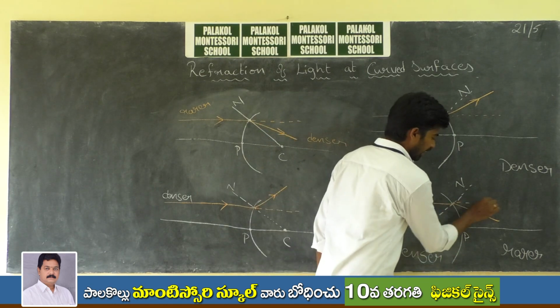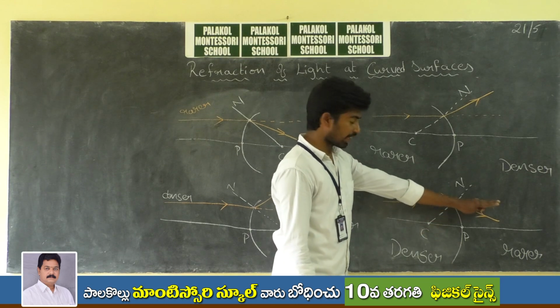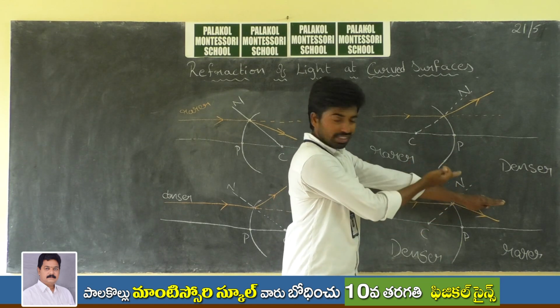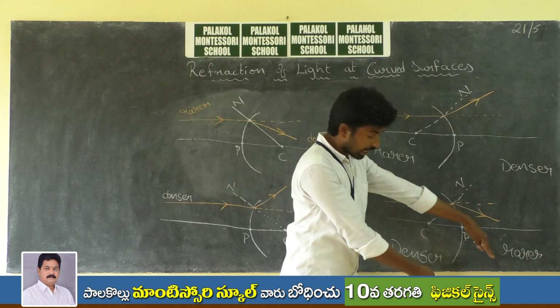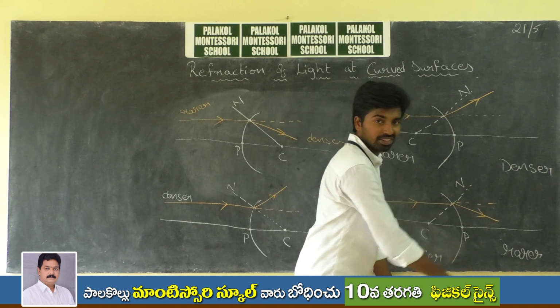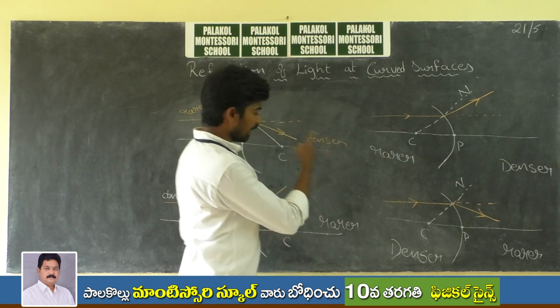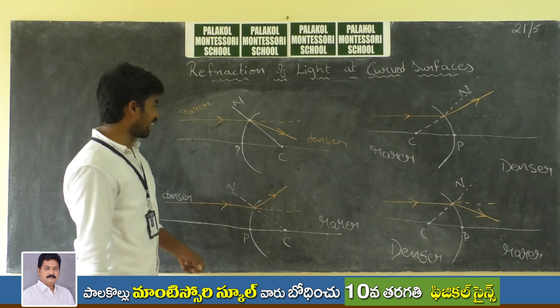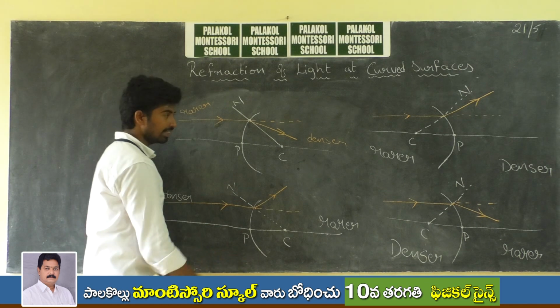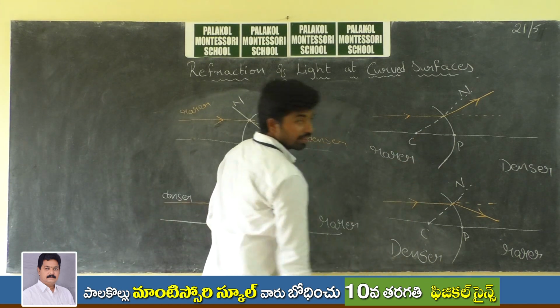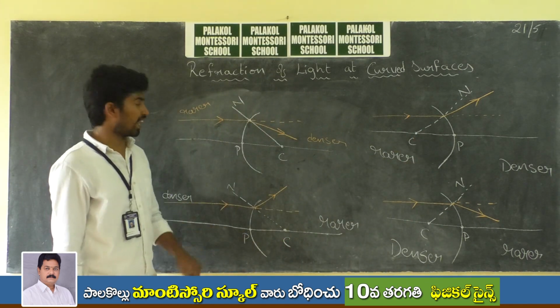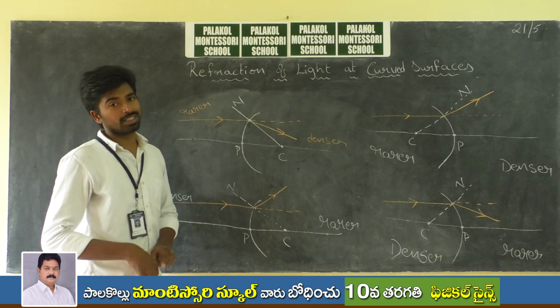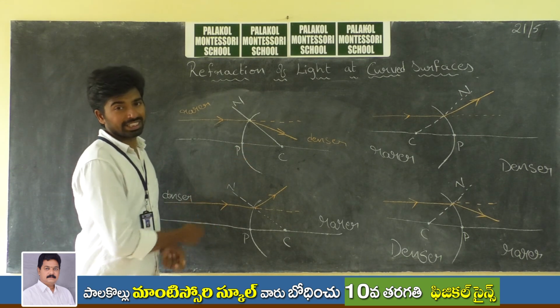This is the actual path of the light ray, and in the upper portion there is a normal line, so it bends away from the normal in the downward direction. These are the situations that show the refraction of light rays at spherical curves, that means at curved surfaces.